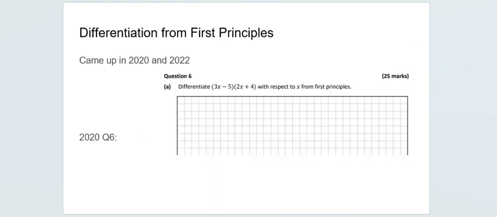Differentiating by first principles. So that's your f of x plus h minus f of x over h, and then you have to do the limit as h tends to 0.